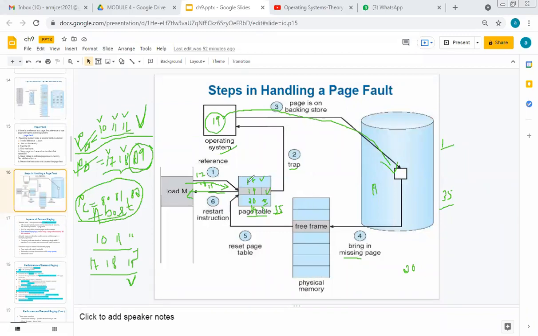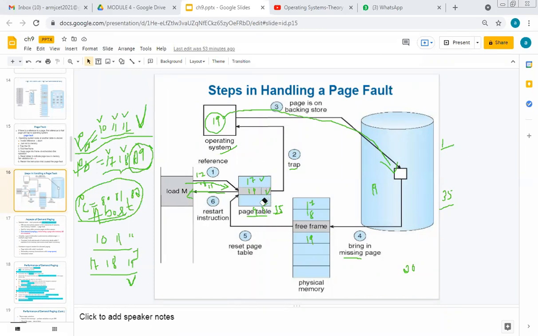So what happened here? Let me show you the diagram. 17 is present, 18 is present, and 19 we took right now. So 17, 18, 19 are now present. I can have one more concept. If this table limit is 3, what option do I have?